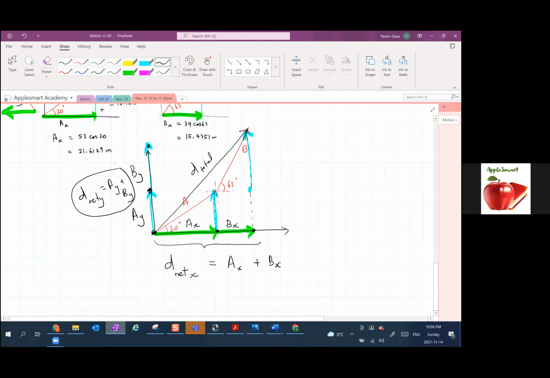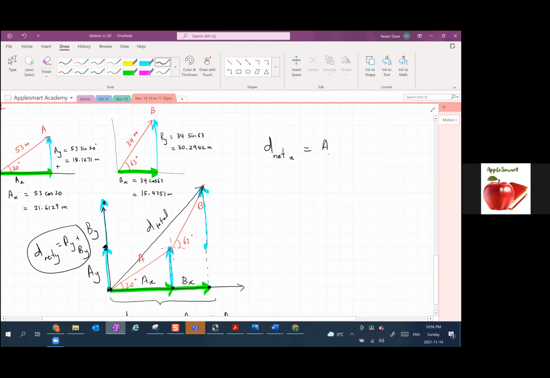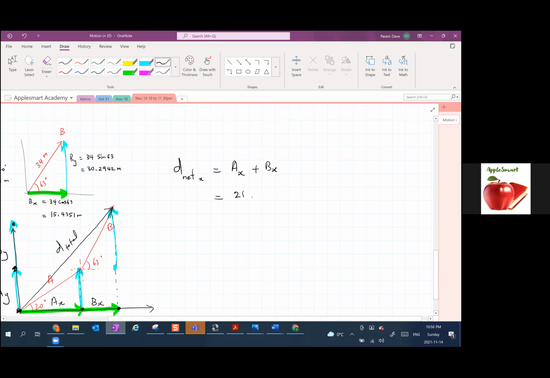Okay. So let's just do that. So we're now ready to find out D net X, okay? So that is AX plus BX. AX over here, we found out was 21.6129 plus BX was 15.4351.